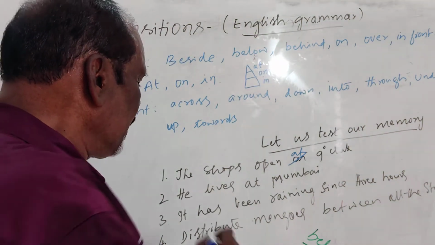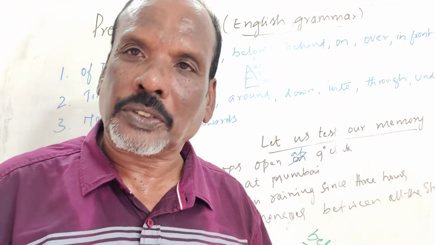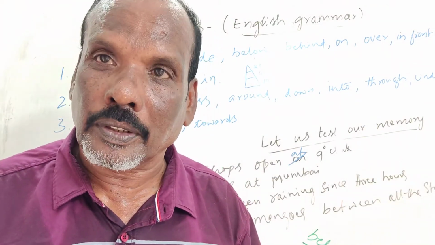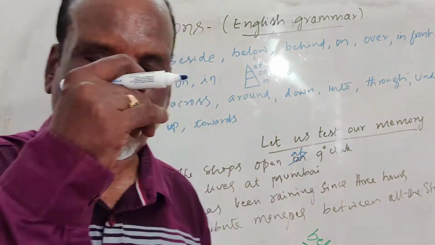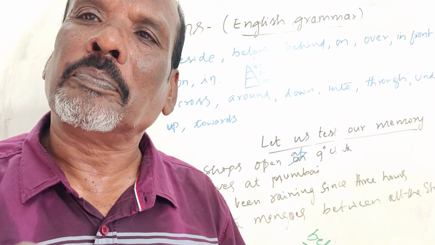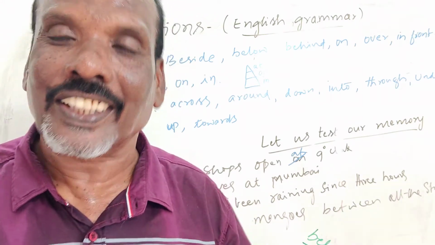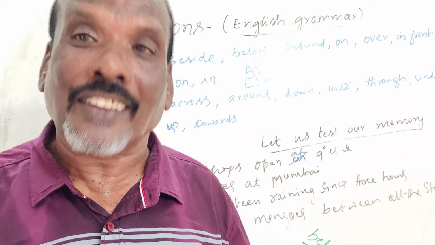Coming to the second one. He lives at Mumbai. So you must understand the difference between at and in. At represents a smaller place in a larger area. So Mumbai is a larger area.